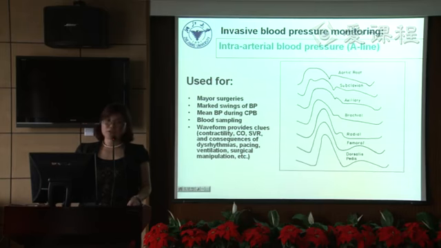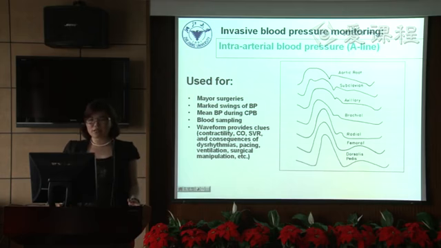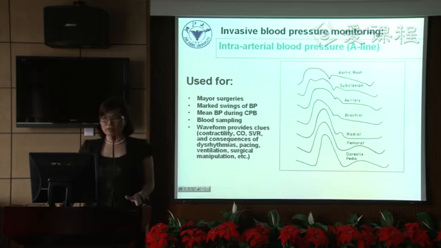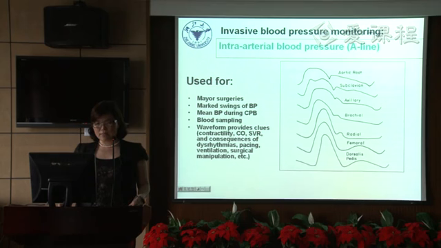For some major surgeries, we use intra-arterial blood pressure monitoring. And for some large surgery or for some very complicated surgery, or for some patients with severe coexisting disease, we should use intra-arterial blood pressure monitoring.